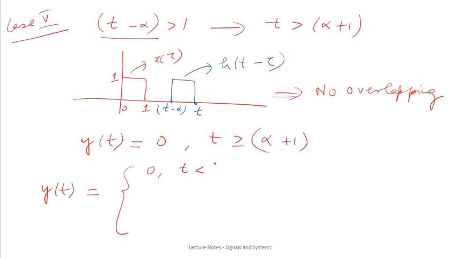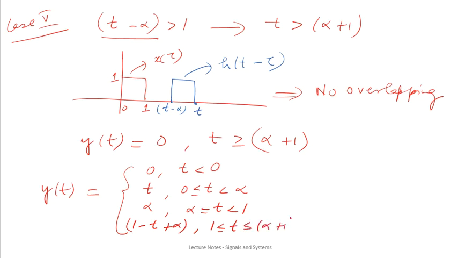So that will be equal to 0 for t less than 0, t when t is between 0 and alpha, alpha when t is in between alpha and 1, then 1 minus t plus alpha if t is in between 1 and alpha plus 1, and finally again 0 if t is greater than alpha plus 1.